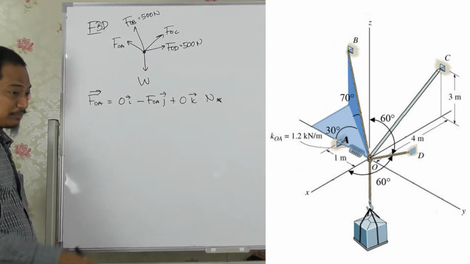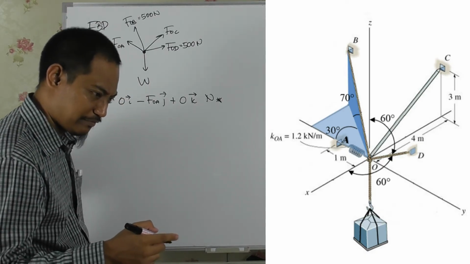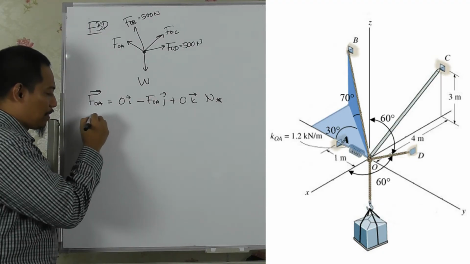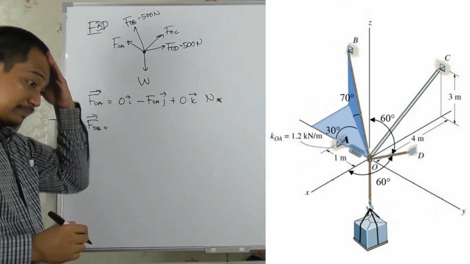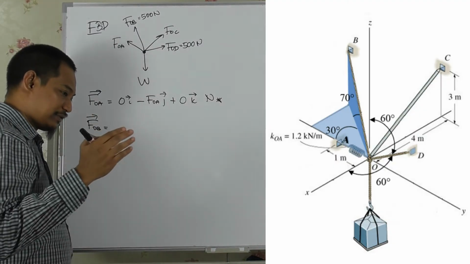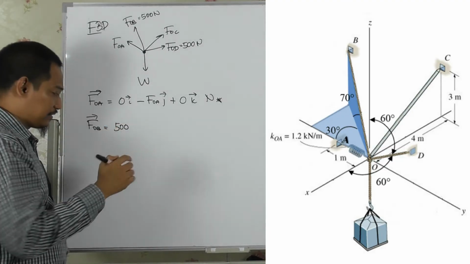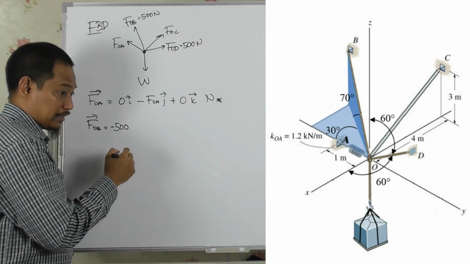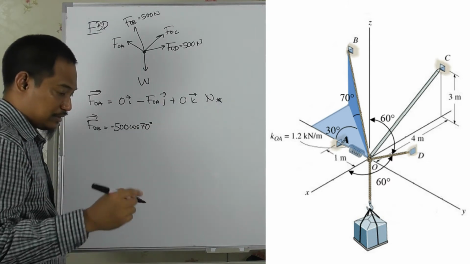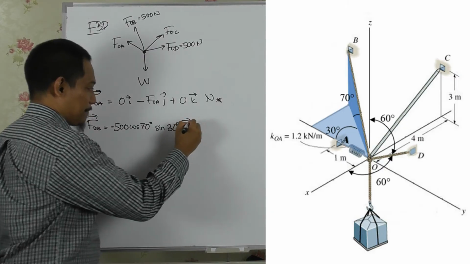Okay, FOA is complete. For FOB, we have to use that 30 degrees and 70 degrees. The value is 500. For x it will be negative, in the negative direction: minus 500 cos 70 degrees sine 30 degrees i.